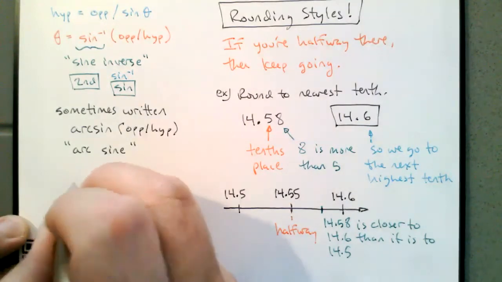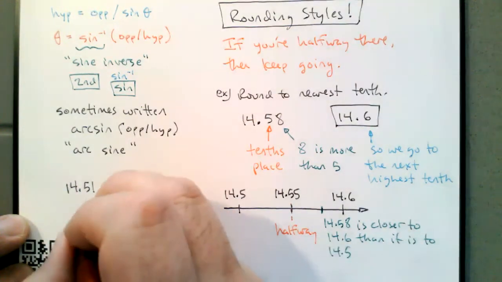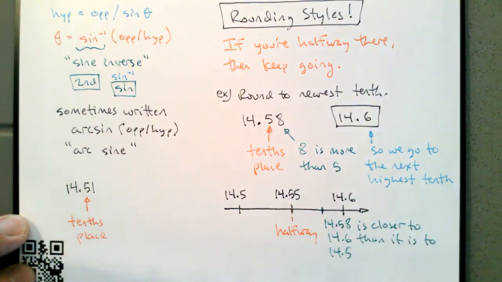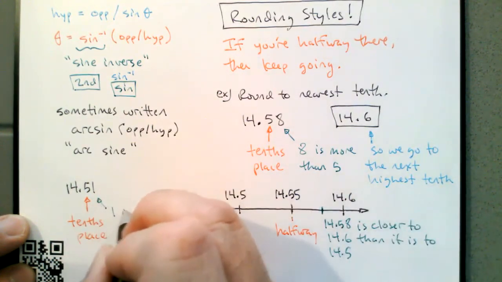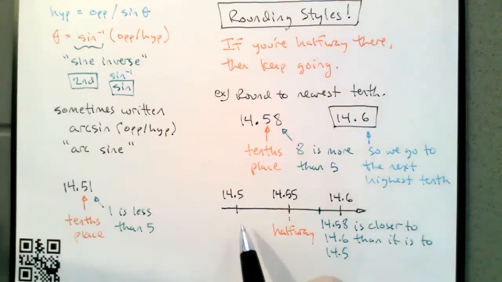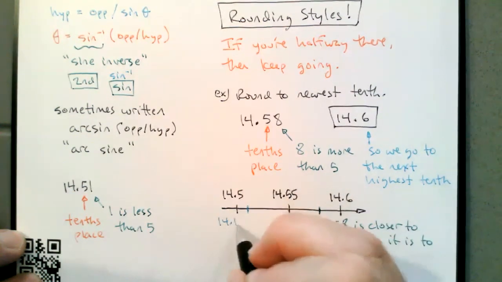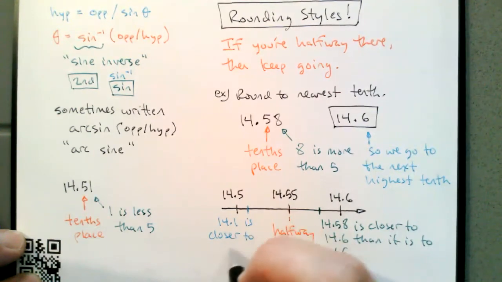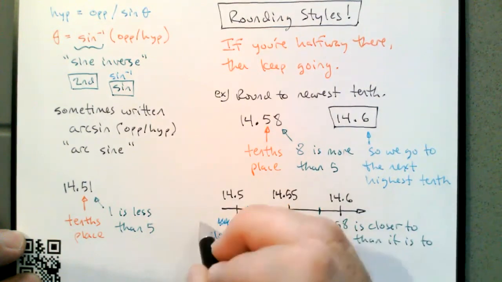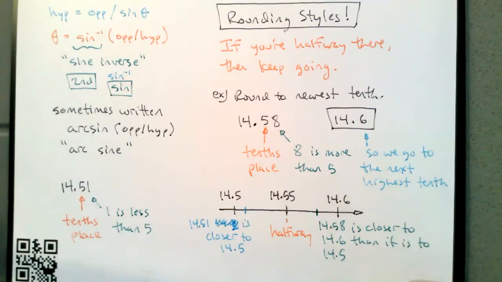So if I have 14.51, the tenth place is the 5, and 1 is less than 5. 14.51 is closer to 14.5 than it is to 14.6.